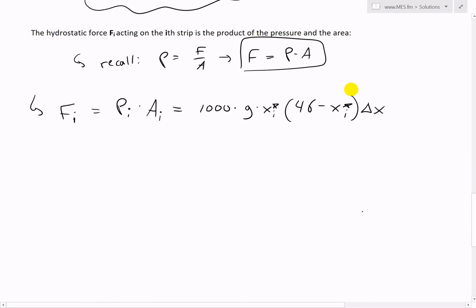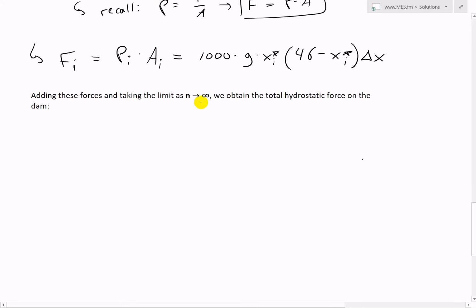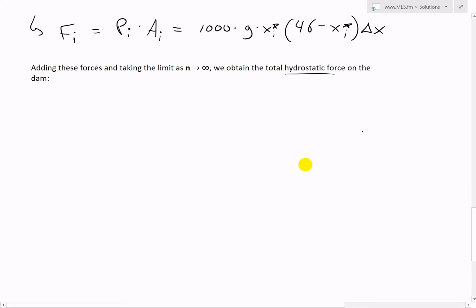So that is our force for each slice. Now we can add all these forces, taking the limit as n approaches infinity, and we obtain the total hydrostatic force on the dam, the total force due to the water that is static, or not moving. The water is stationary.